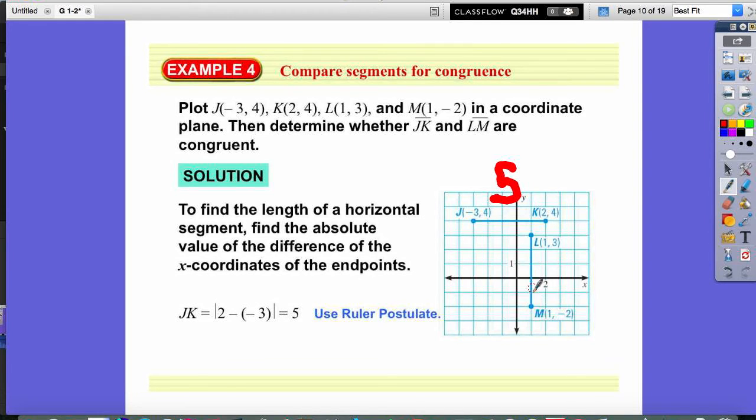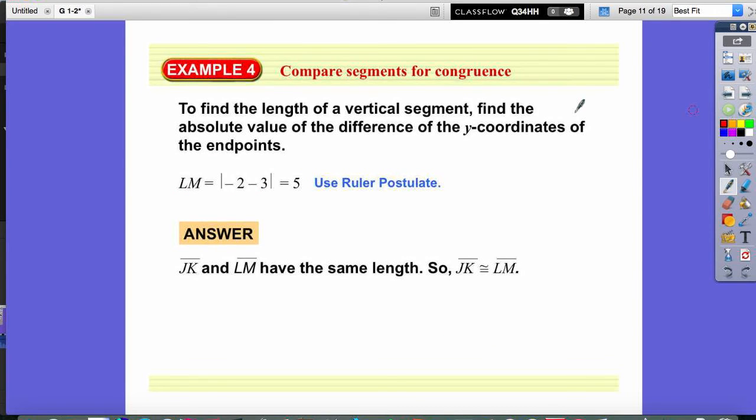This is 5 units long. They are congruent. Later in this chapter, we will learn how to use the distance formula to find this, especially if they are not straight, horizontal, or vertical lines.